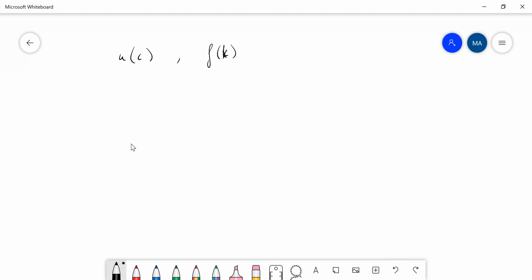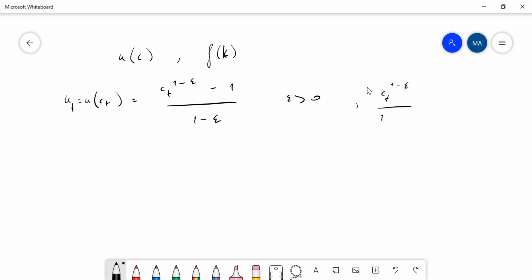One example would be this so-called isoelastic utility function, for some epsilon greater than 0. There's another version of this function; sometimes we write it in this way.